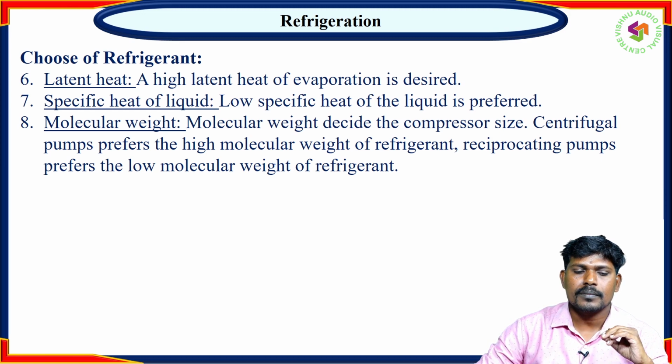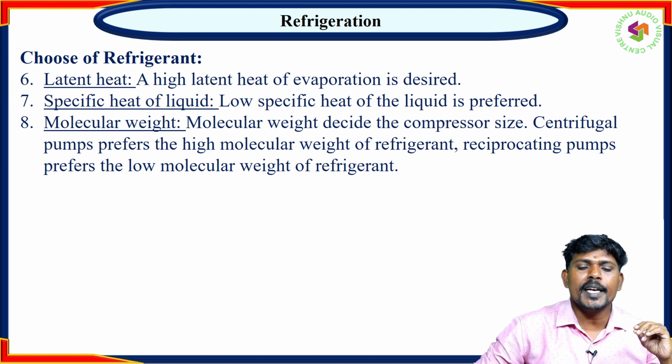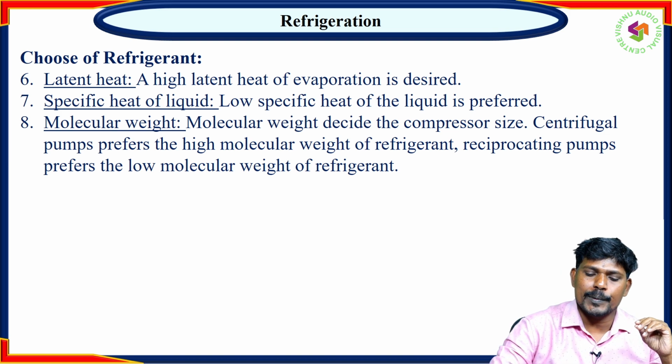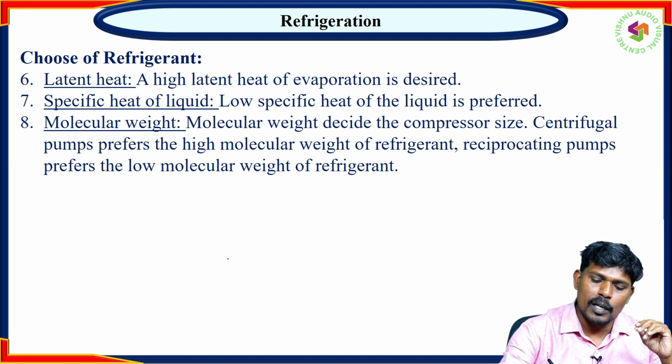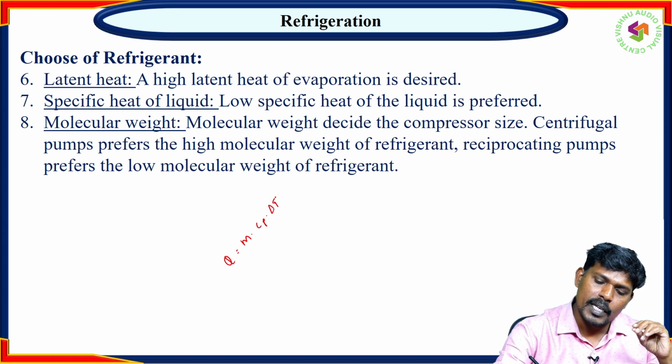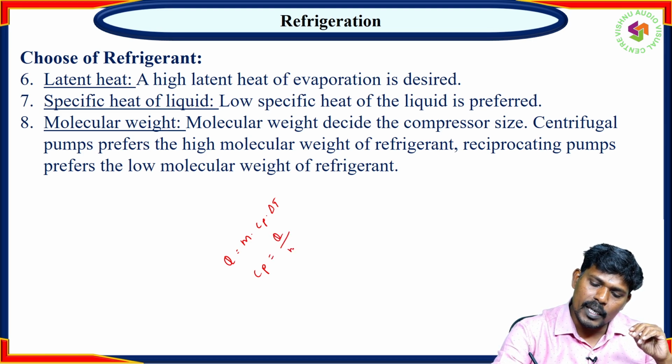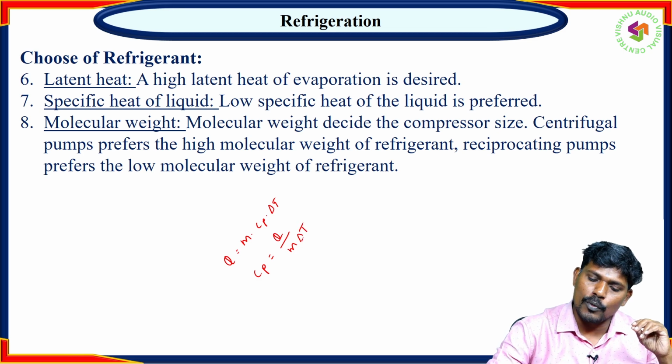Okay. Next one, specific heat of liquid. So specific heat, from Q is equal to M Cp delta T, from here Cp is the specific heat. So Cp is equal to Q by M delta T. So what is specific heat?